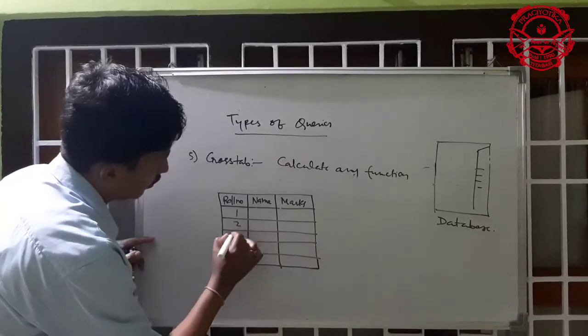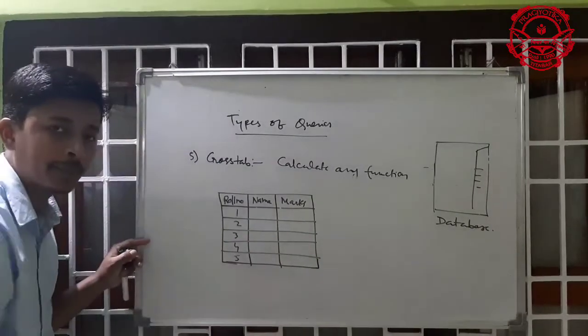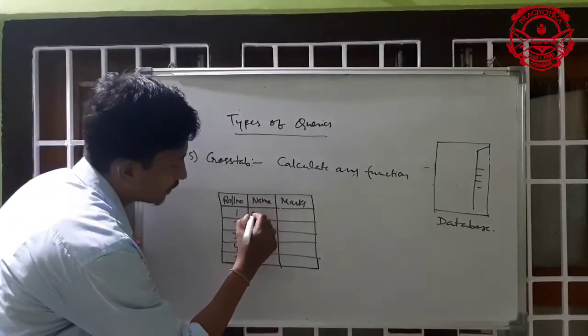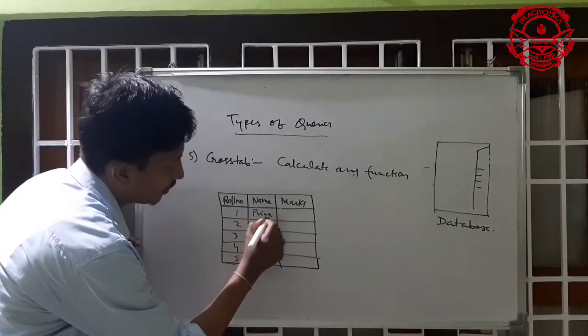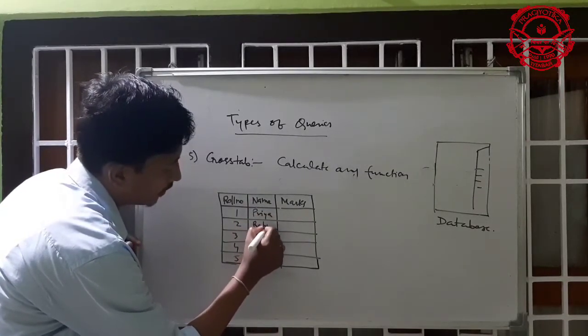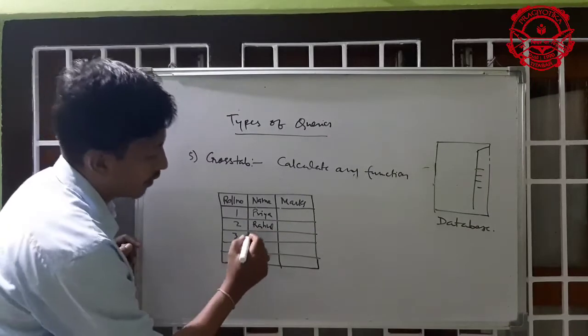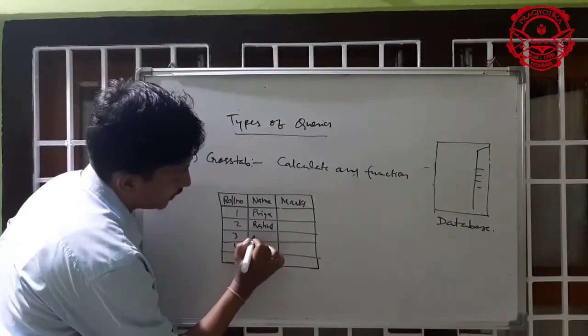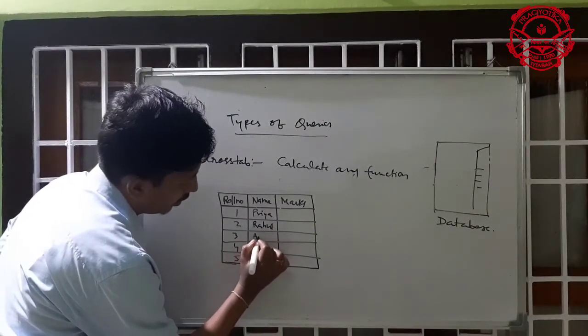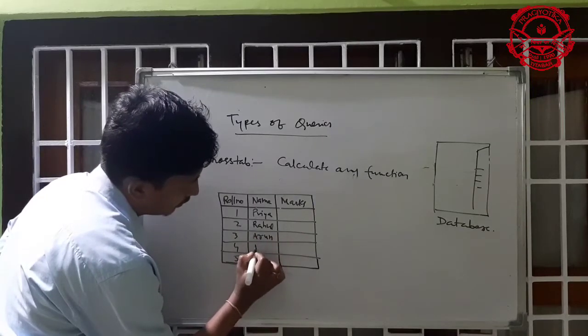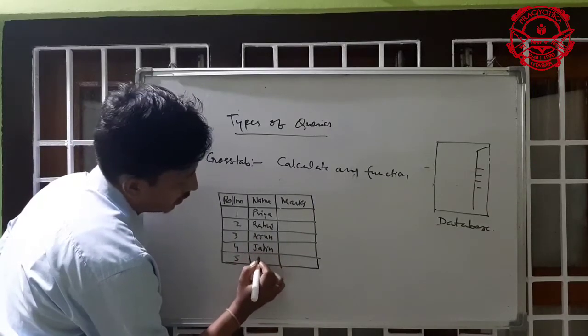Roll number 1, 2, 3, 4, 5. Names, say Priya, Rahul, Arun, Jatin, Lalit.